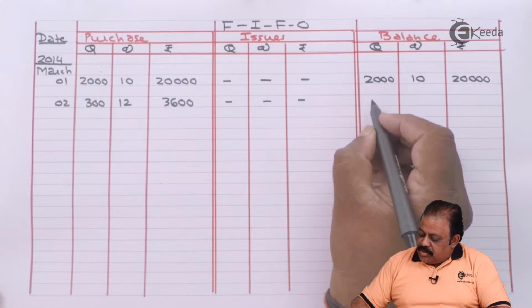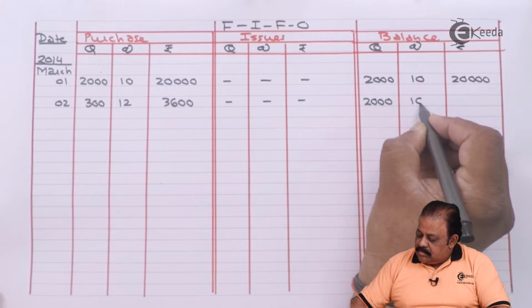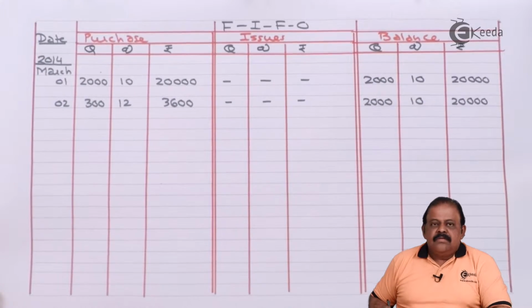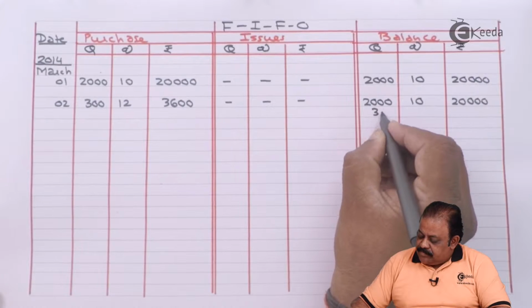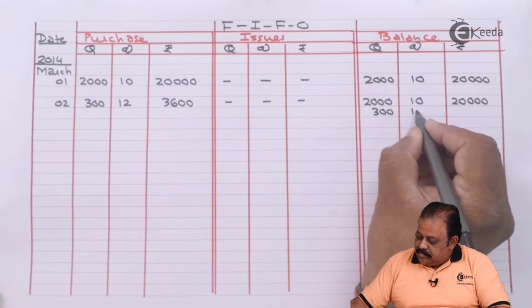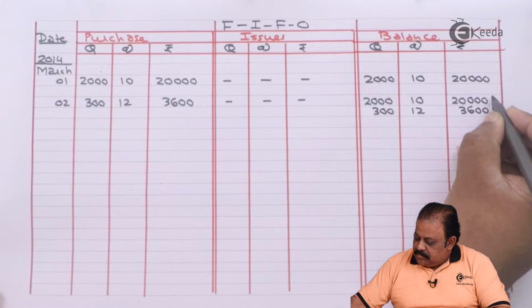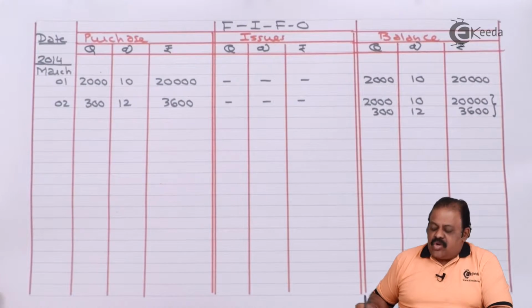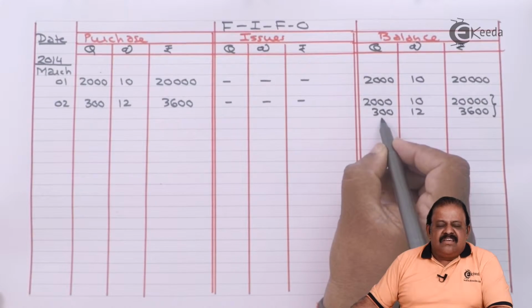Already we have 2000 units. Fresh purchase will be added here. So now we have two stocks, 2000 units and 300 units.